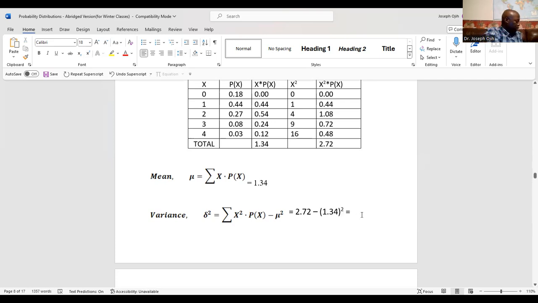I'm going to write this on paper so we can get the answer from the calculator. 2.72 minus 1.34 squared.